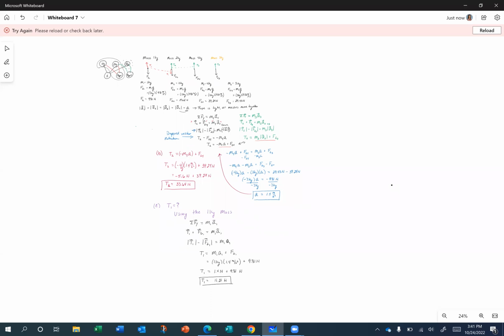So you can clearly see the importance of keeping things in order. Remember, we draw our picture, we list what we know, what we want to know, and write our equations. We recognize that we have 2 equations with 2 unknown variables.